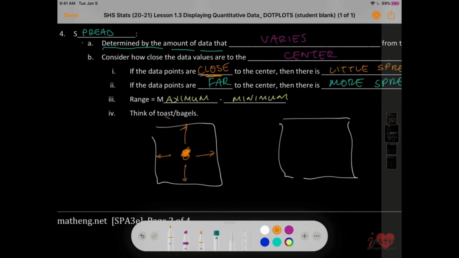But when you plopped it on there, it didn't really do much. Now, if when you plop it on, whoops, that should have been blue, if it is far, way out here, then you have lots of spread. It's spread out all over the place. Okay, so that's how we would describe those.